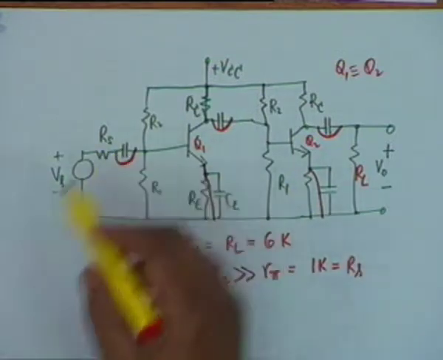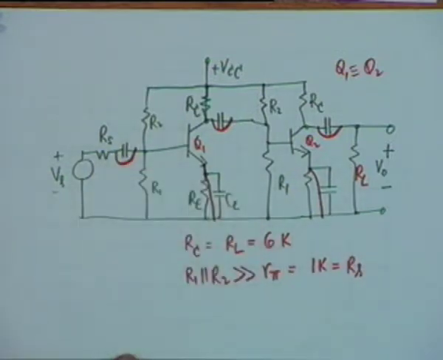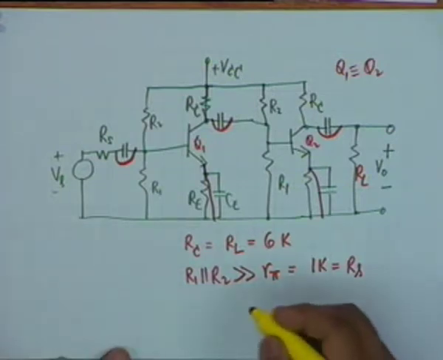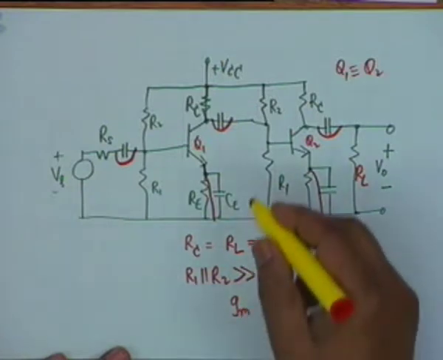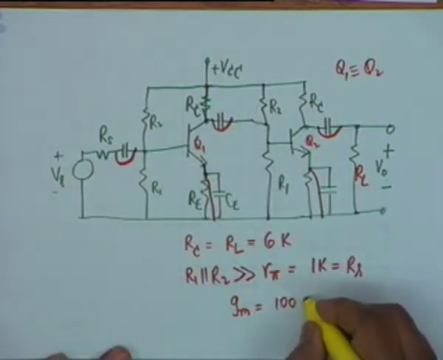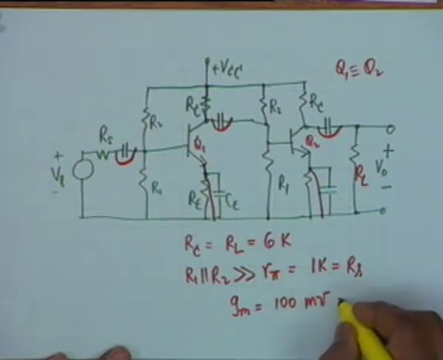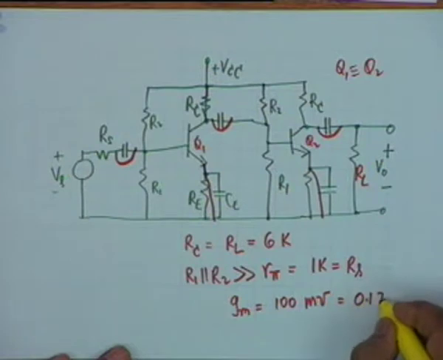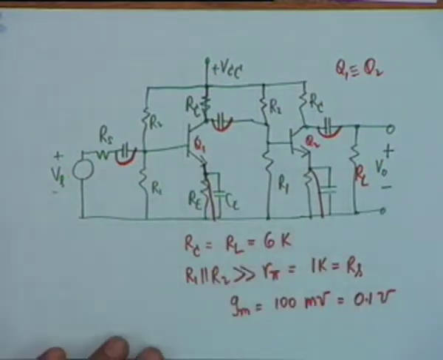This resistance and R pi are identical for simplicity. And we are also given that gm at the operating point of either transistor is 100 millimho. 100 millimho means 0.1 mho, isn't that right? 100 times 10 to the minus 2. So this is the data that is given.